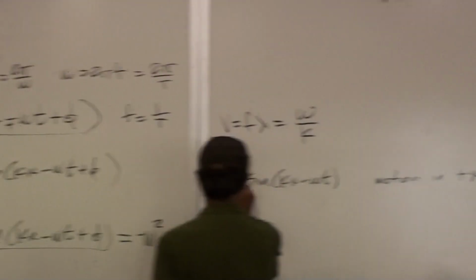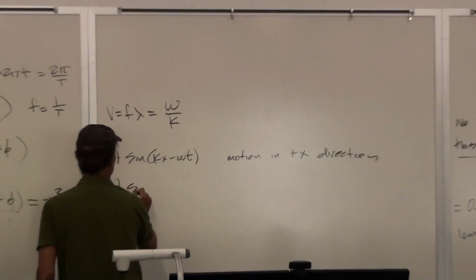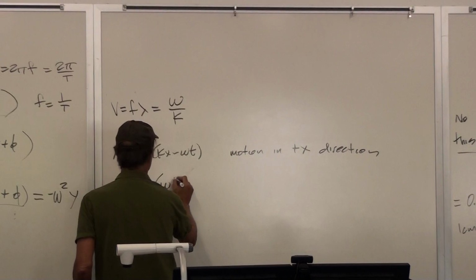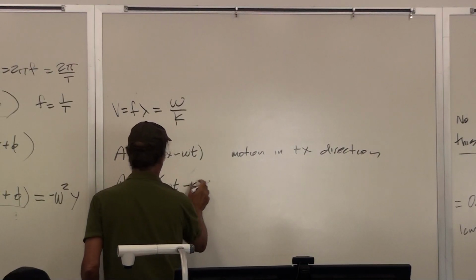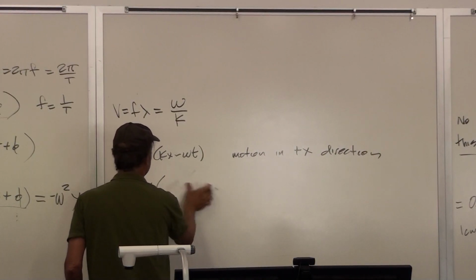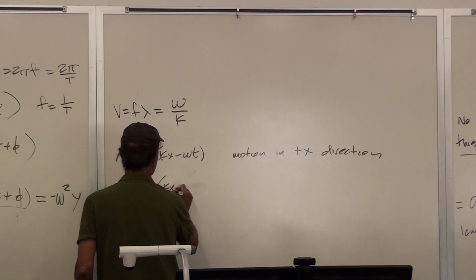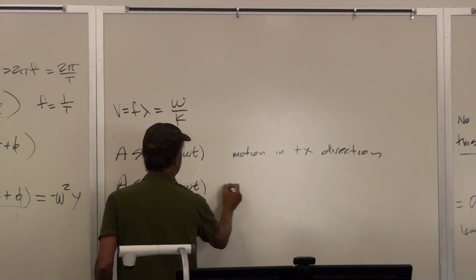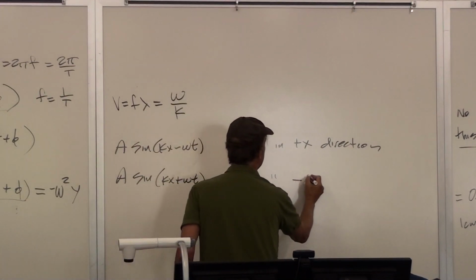And if we have something that looks like the sine of kx plus omega t, that's motion in the negative x direction.